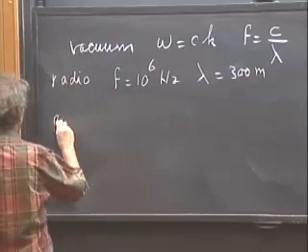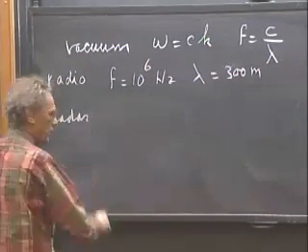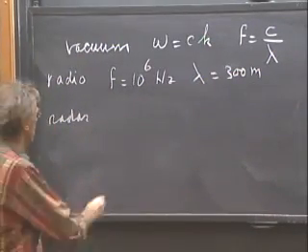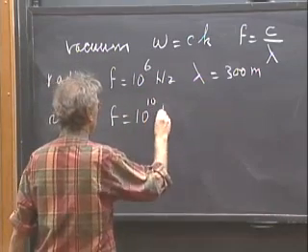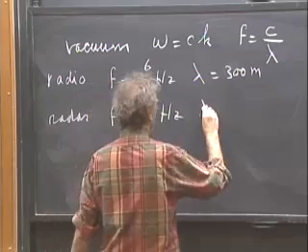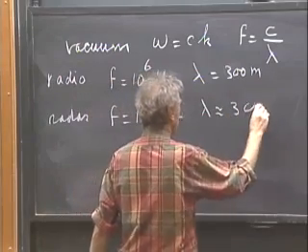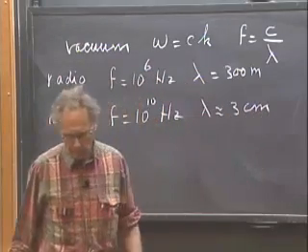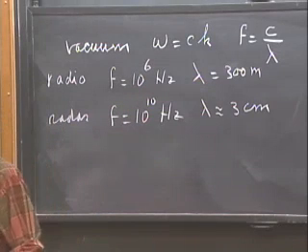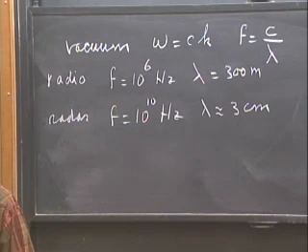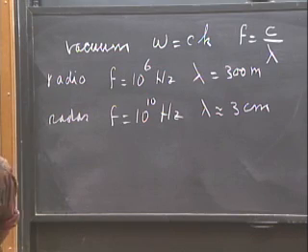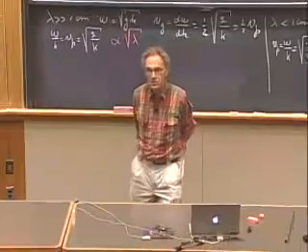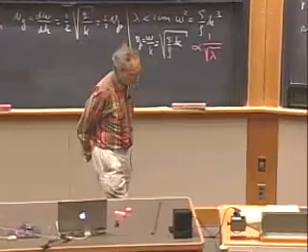If we go to radar, which we have right here in front of us, the frequency is about 10 gigahertz, 10 to the 10 hertz, and so you have a wavelength of about 3 centimeters. And if you go to infrared radiation, you have a wavelength of tens of microns, and if you go to visible light, you get frequencies up to 5 times 10 to the 14 hertz, and you get wavelengths of about half a micron.